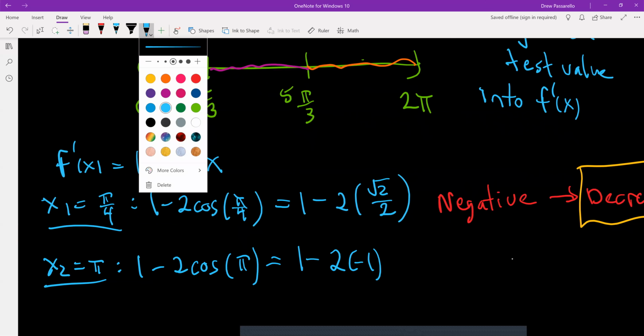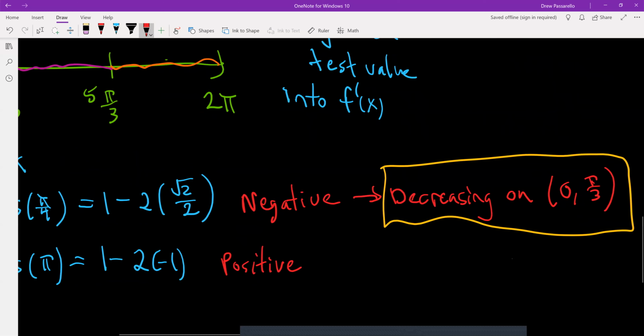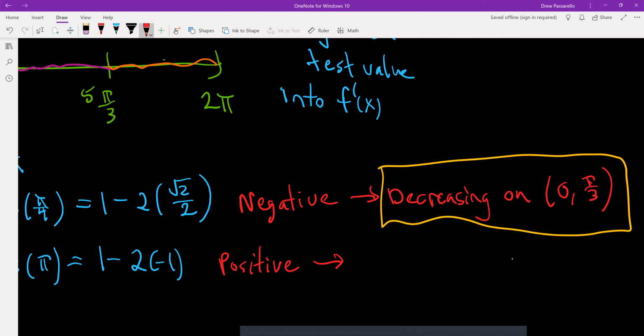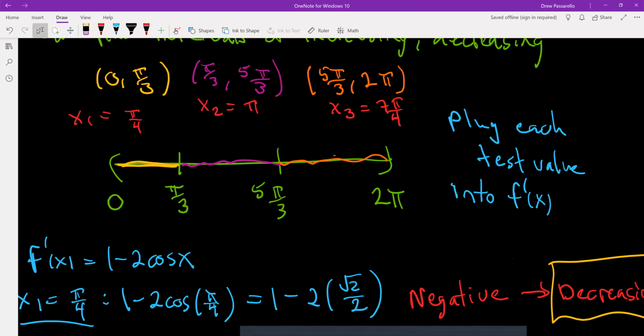And so that's going to be a positive number. And when its derivative is positive, that means the function is increasing. And that's the middle interval that came from pi over 3 to 5 pi over 3. That was where my test value came from.